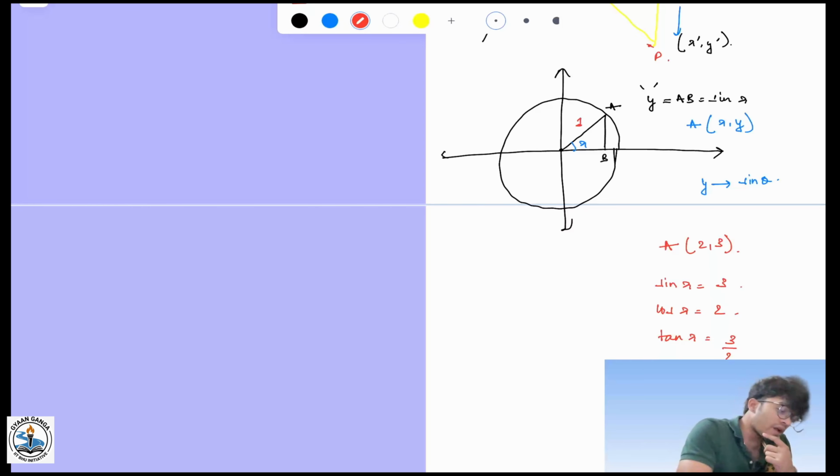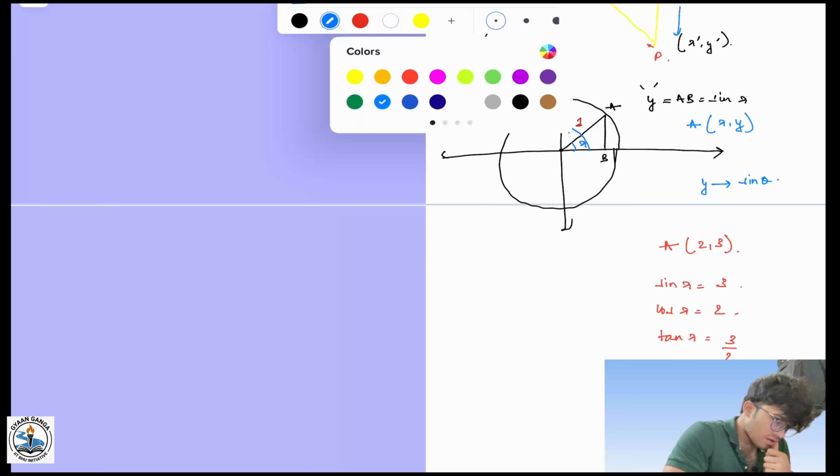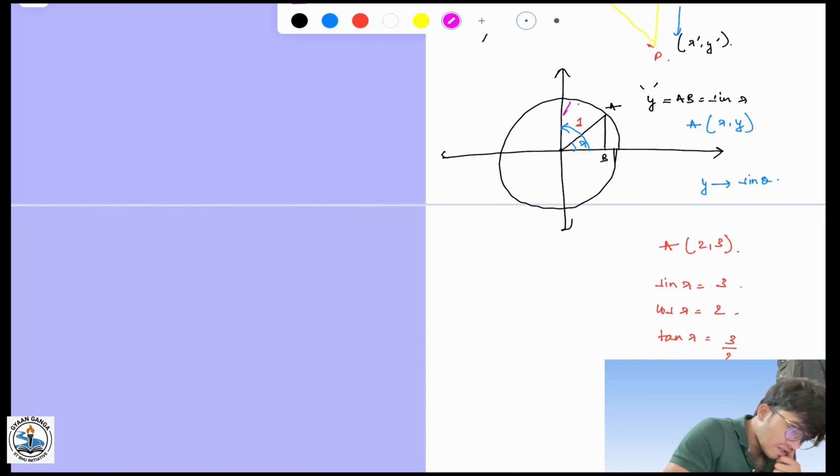I had also restricted the value of x from 0 to 90 degrees. So in this quadrant, I'll take, let's say, this pink color. Now in this quadrant, for any degree of rotation x, the value of sine x is equal to the y coordinate of the point on the circle.